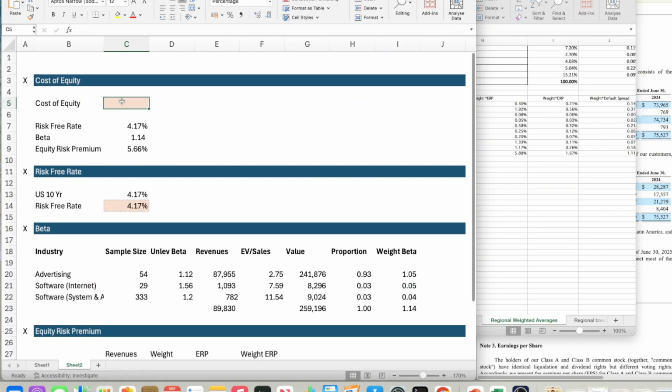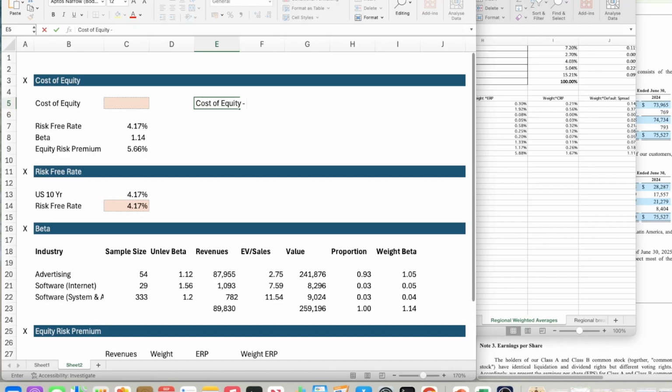Now, to do the cost of equity: cost of equity equals the risk-free rate plus the beta multiplied by the equity risk premium. So if we do that here, we get a cost of equity of 10.61%.